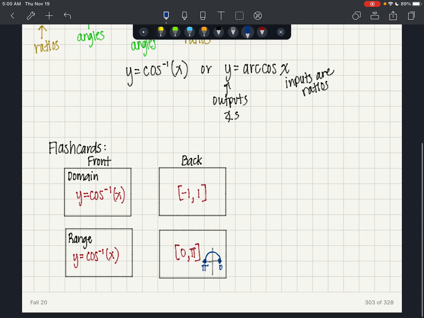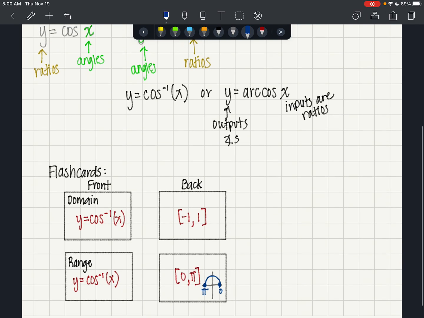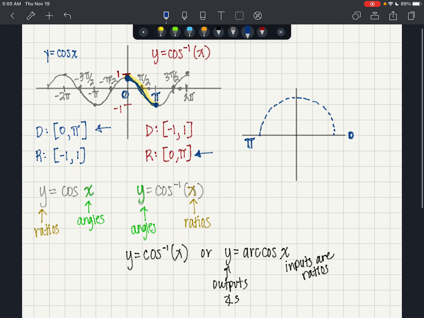So we draw that picture because it's going to be really helpful for you to see that inverse cosine is going to give us outputs that are angles in quadrants 1 and 2. Now remember, cosine ratios are positive in quadrant 1. Cosine ratios are negative in quadrant 2. So that's going to get all of our ratios.